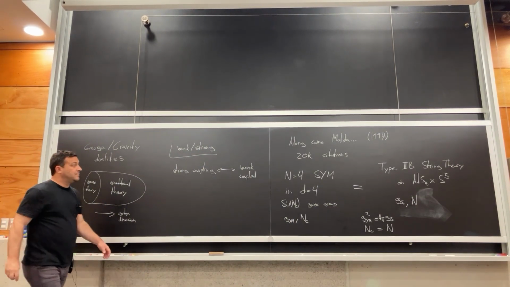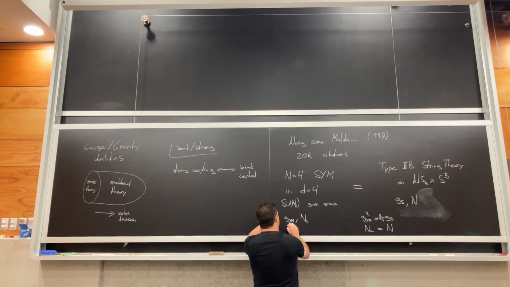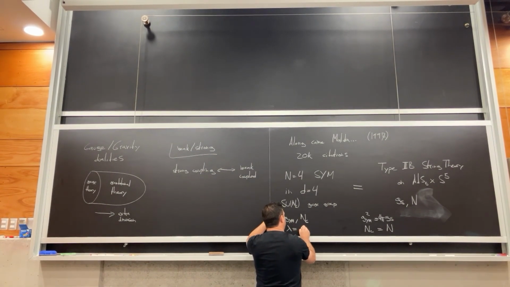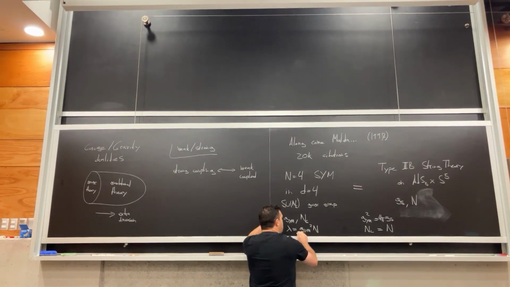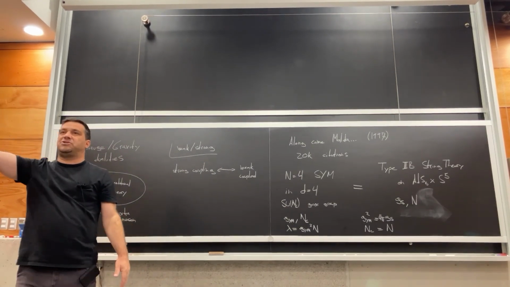Now, usually on this side, we define what's called the 't Hooft coupling, which is g Yang-Mills squared times N, because this is really the parameter that controls the diagrammatic expansion.